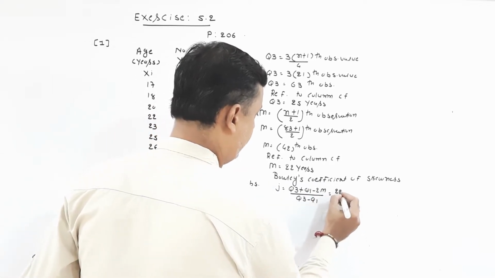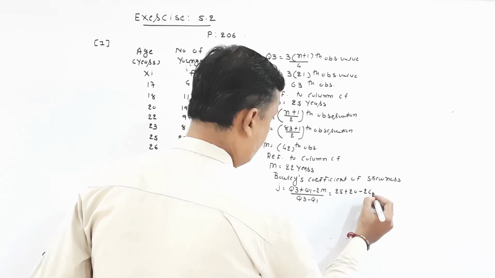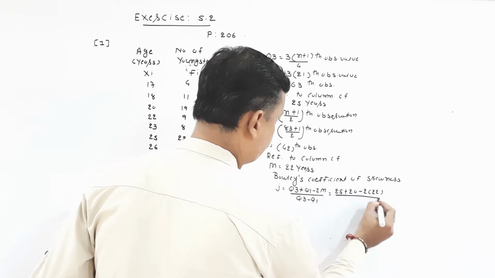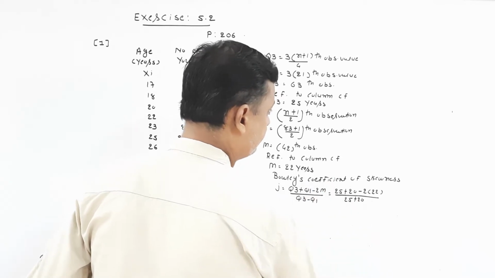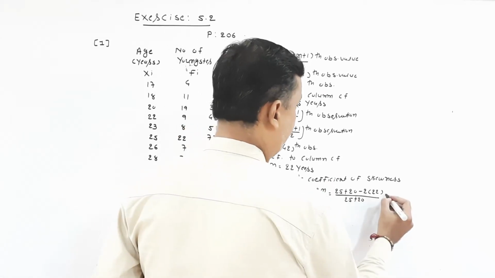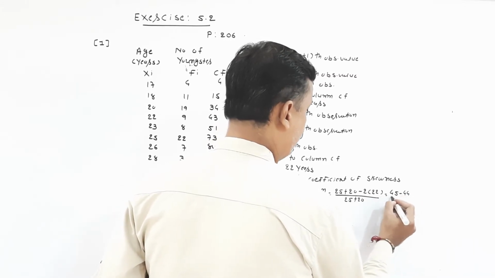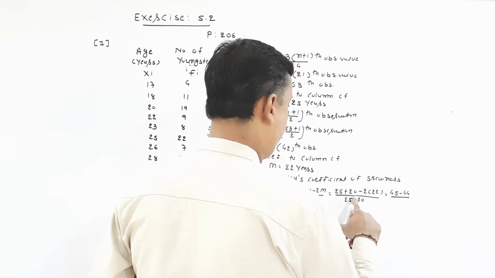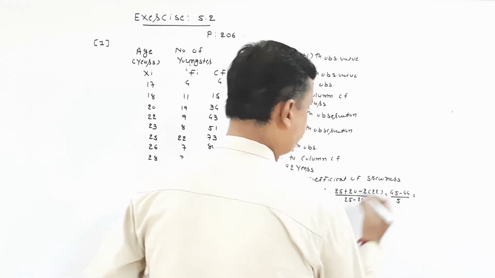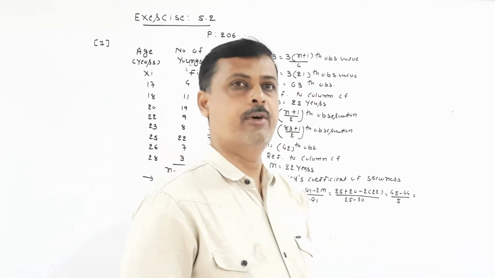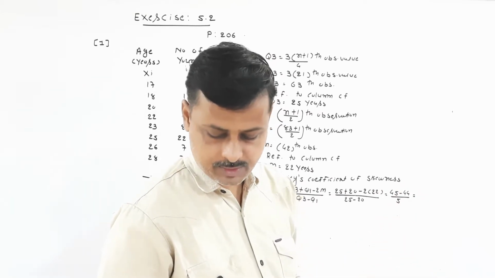Q3 is 25, Q1 is 20, median 22, upon 25 plus 20. 25 plus 20 is 45, minus 44. 25 minus 20 is 5. So 45 minus 44 is 1. And 1 divided by 5 is 0.2.